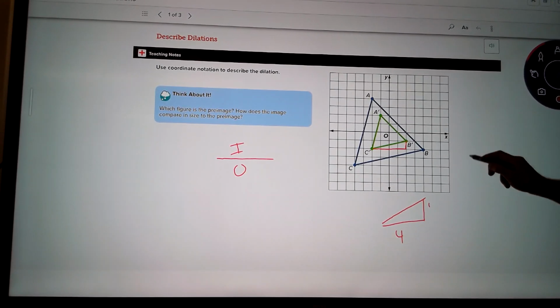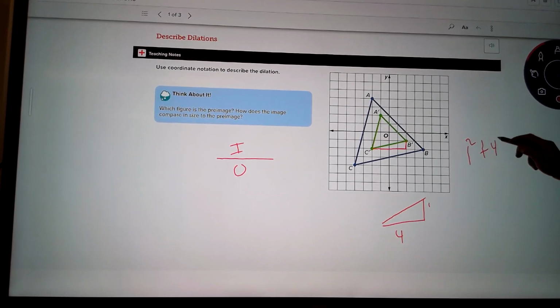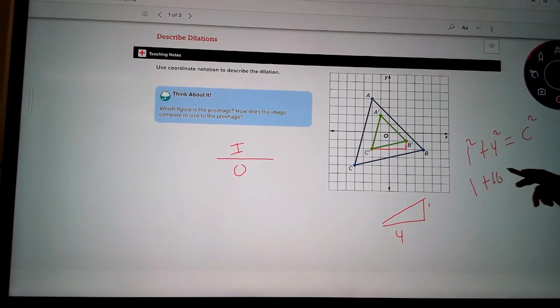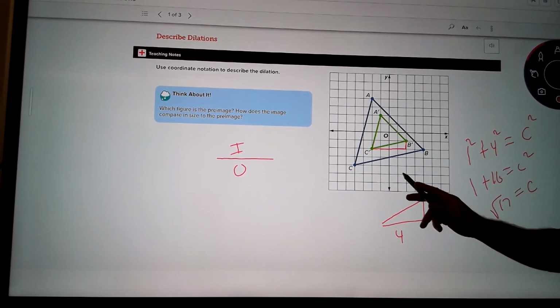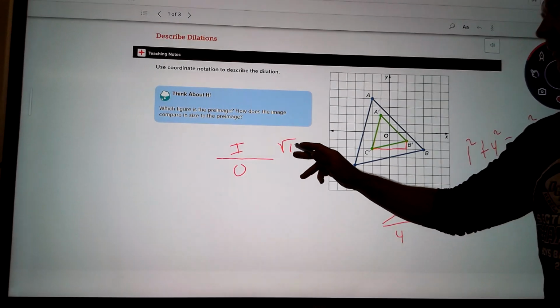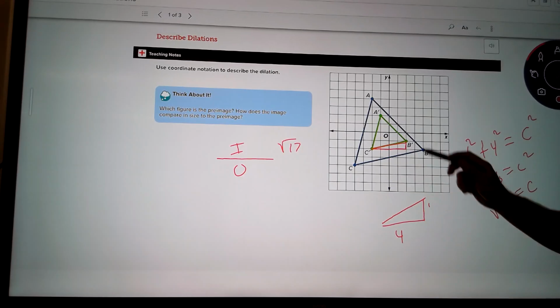We would know that 1 squared plus 4 squared is equal to c squared. So 1 plus 16 equals c squared. So the square root of 17 is equal to c. Now, let's leave that right there. The image is the square root of 17. That's how long this side is.